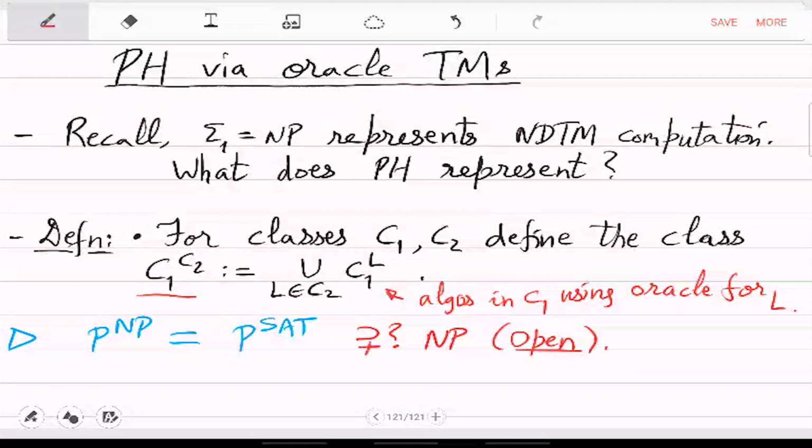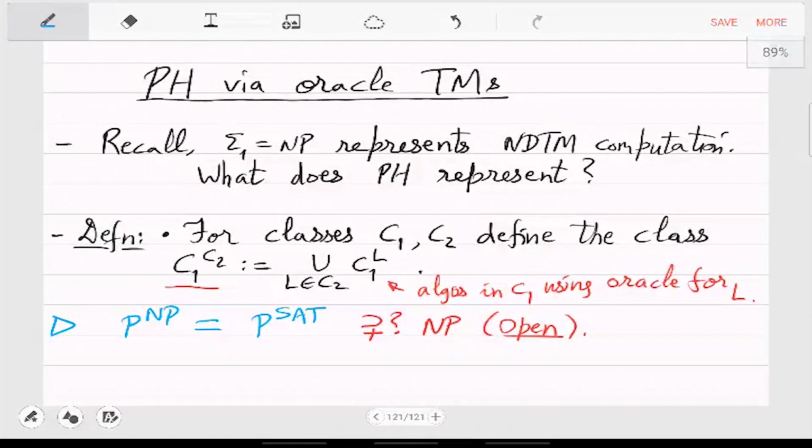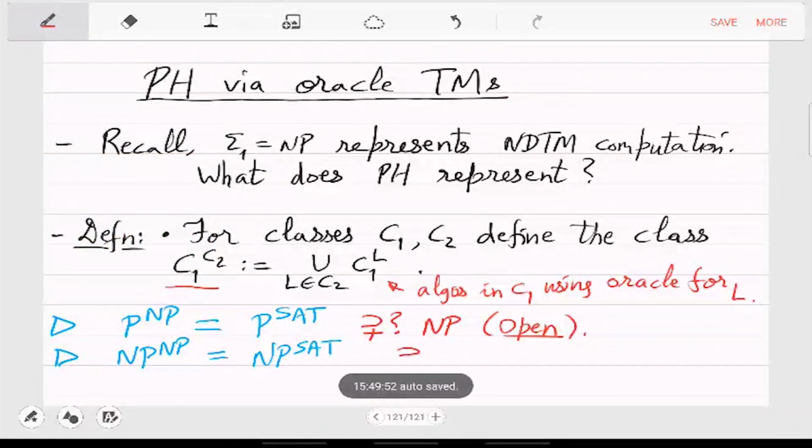So P raised to NP is now a new complexity class, potentially. And similarly, NP raised to NP is NP raised to SAT. If you have SAT as an oracle, you have the whole of NP as an oracle, and vice versa. And so this definitely contains P raised to SAT, but we don't know whether it's proper.